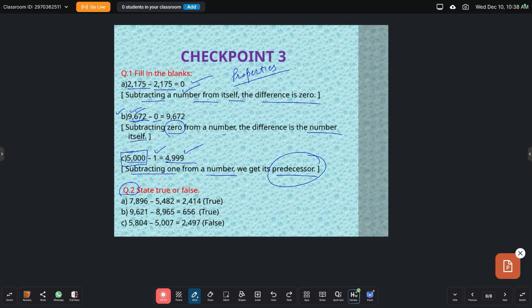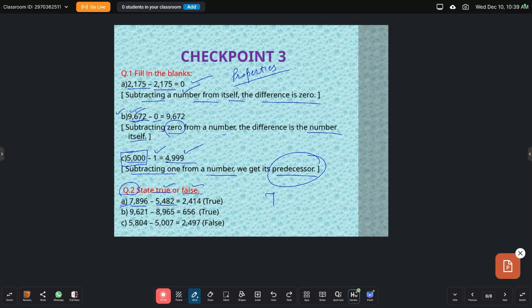Now move to question number 2. State true or false. Part A: here we have to subtract 5,482 from 7,896.